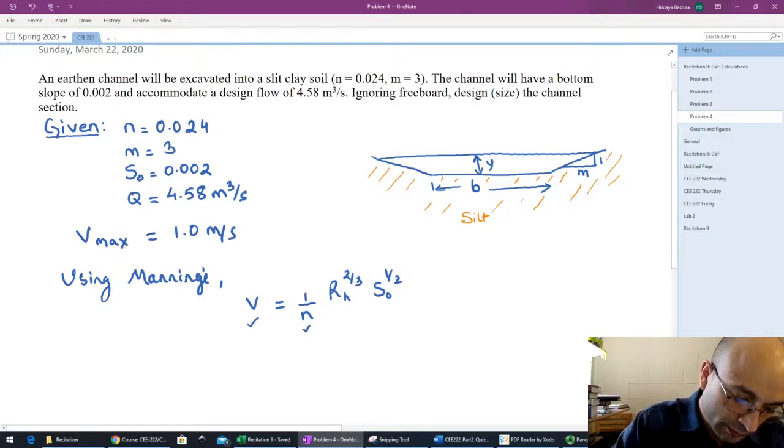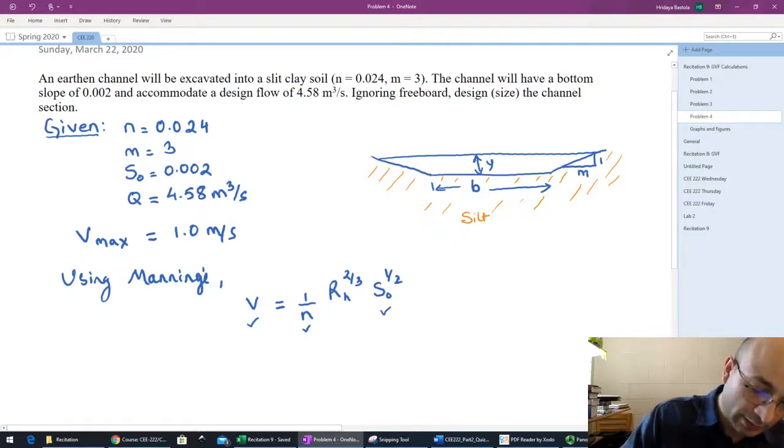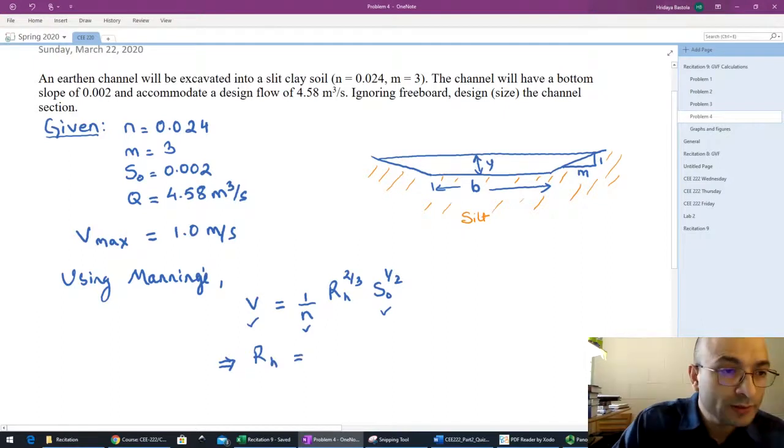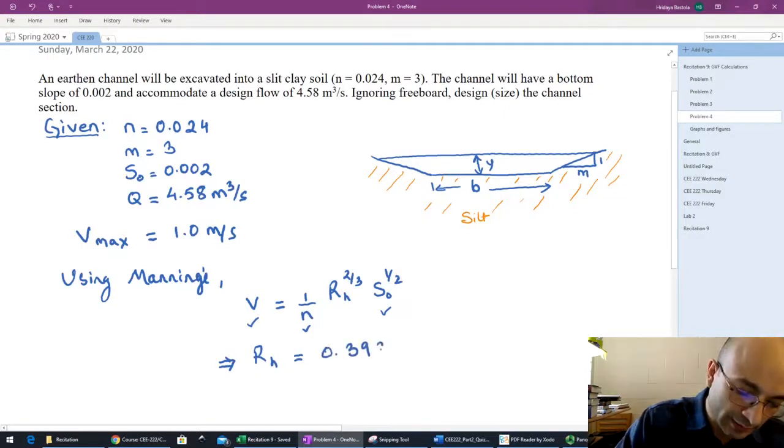We know the Manning's roughness, we know the channel bed slope. So from this we can plug in all these values and calculate our hydraulic radius. So from this one we'll get a hydraulic radius of 0.393 meters.